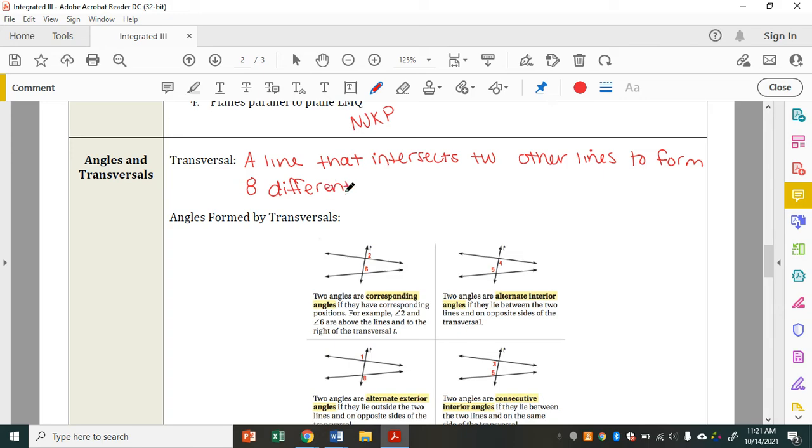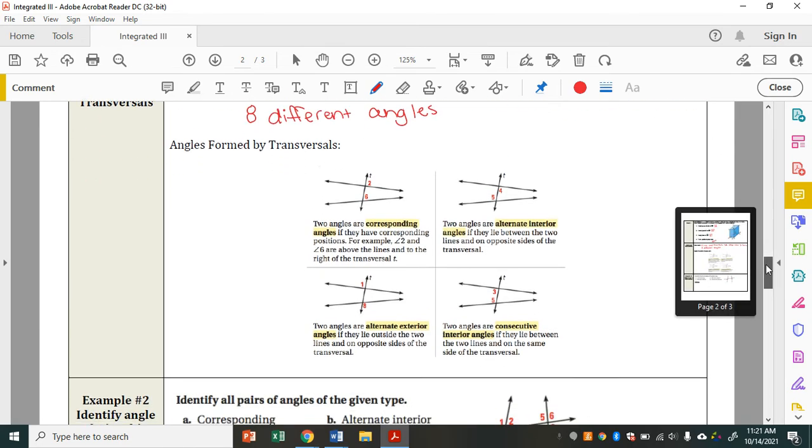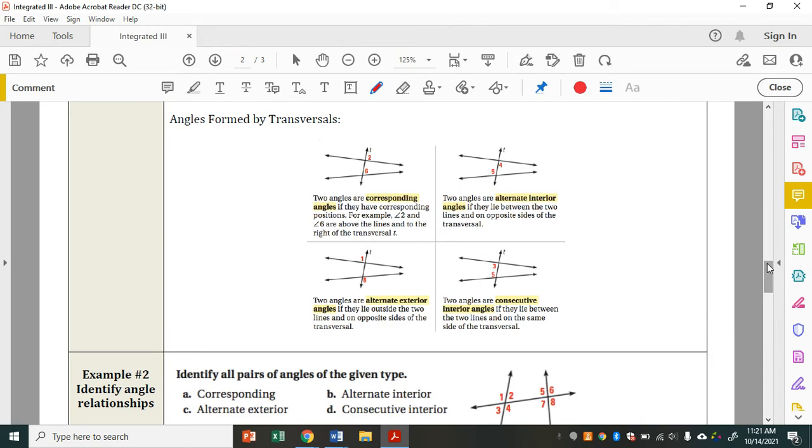So it's a line that intersects two other lines to form 8 different angles. It's written small on your paper. I know it probably looks a little better on the screen, but I'm going to write down this example here.